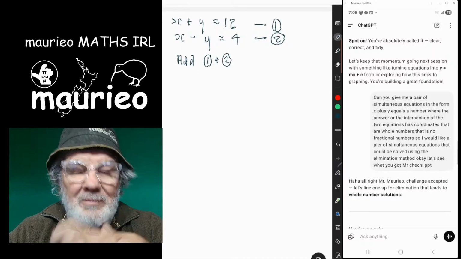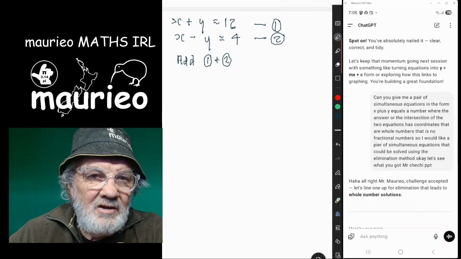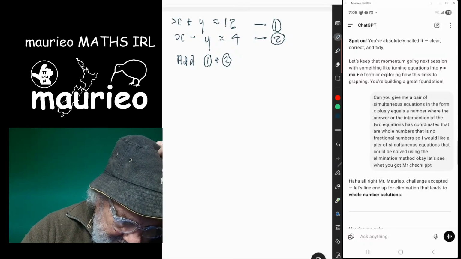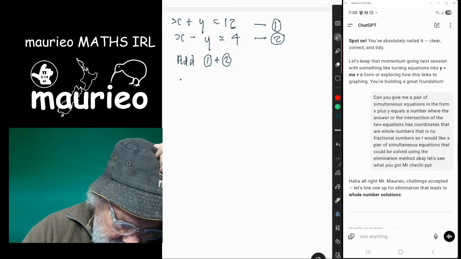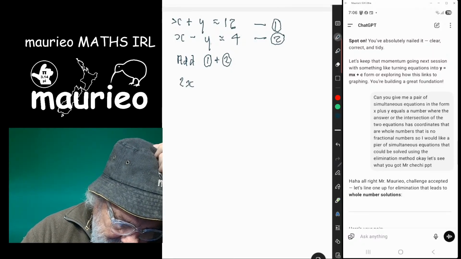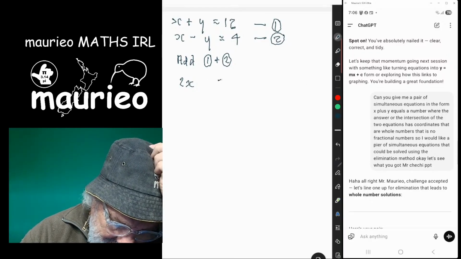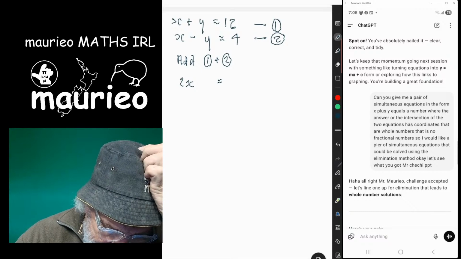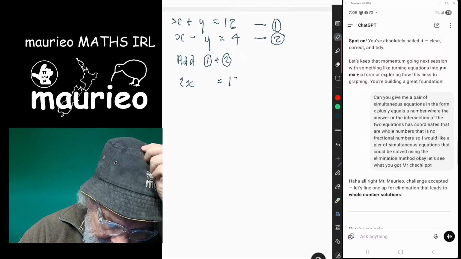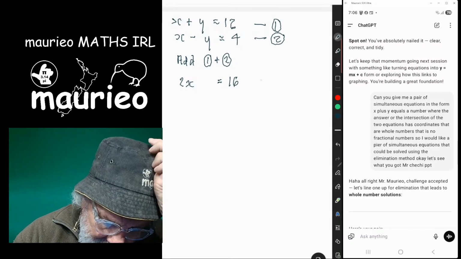Now, if we add x plus x, 2x, plus y plus negative y, the y's are eliminated. And 12 plus 4 is 16. And we get 2x equals 16.